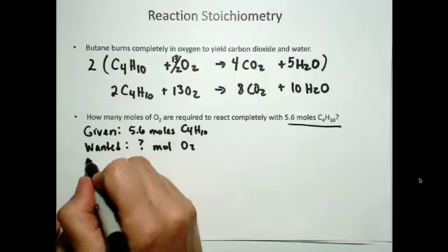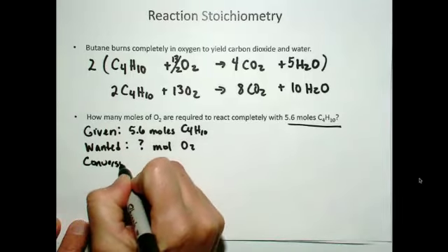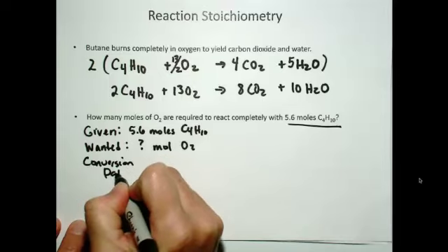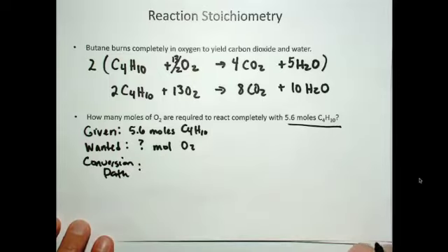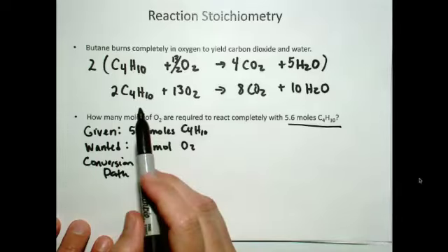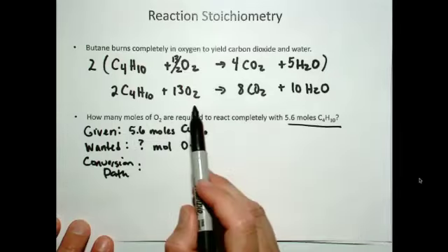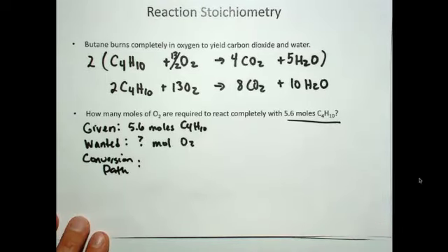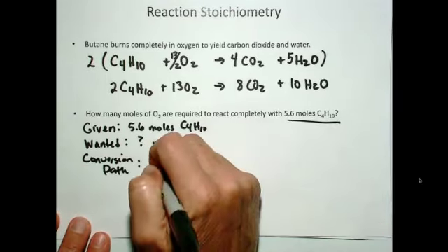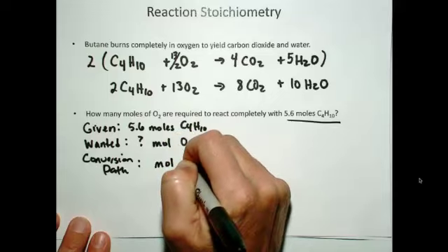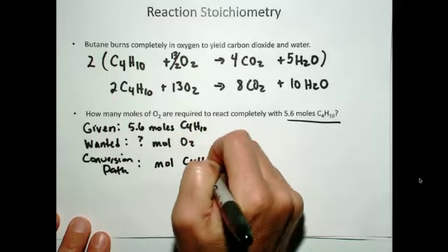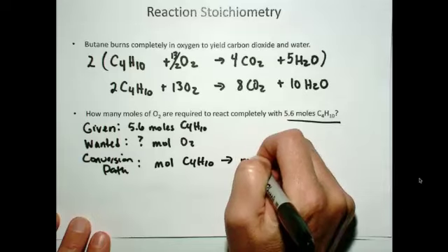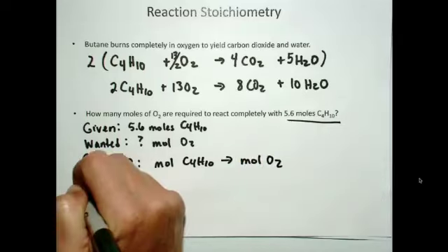All right, so then we need a conversion path to get from moles of butane to moles of oxygen. If I just have this reaction, I can use the reaction to get my conversion path. The conversion path is going to be from moles of butane, and I'm going to be converting to moles of oxygen.